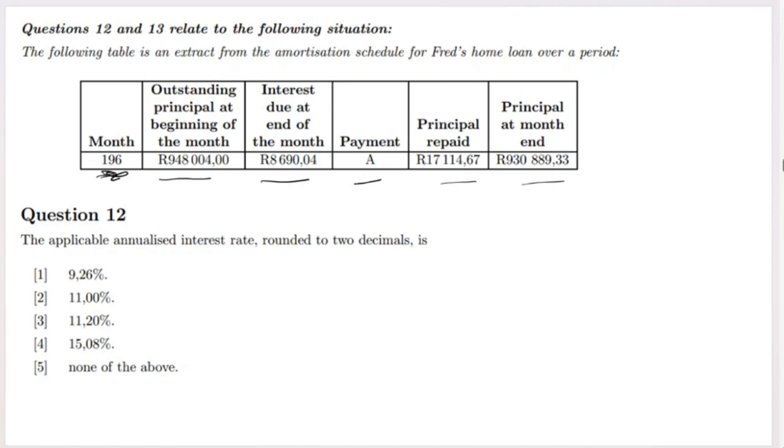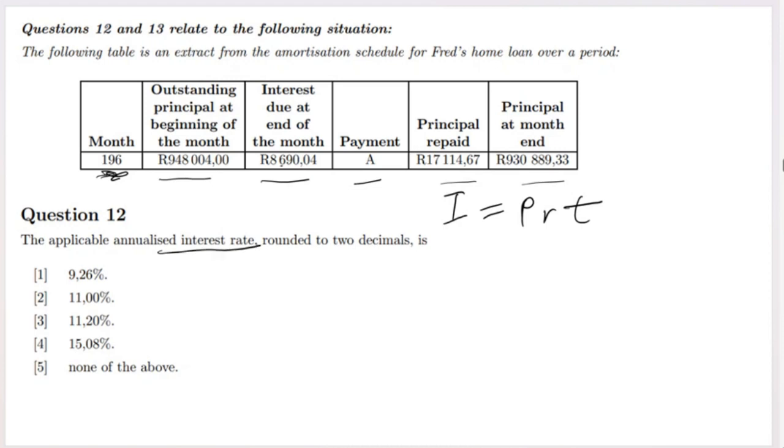So now, how do we calculate the interest rate in this case? We know our interest is equal to PRT. That's the formula for our interest. So we are looking for the interest rate, guys.